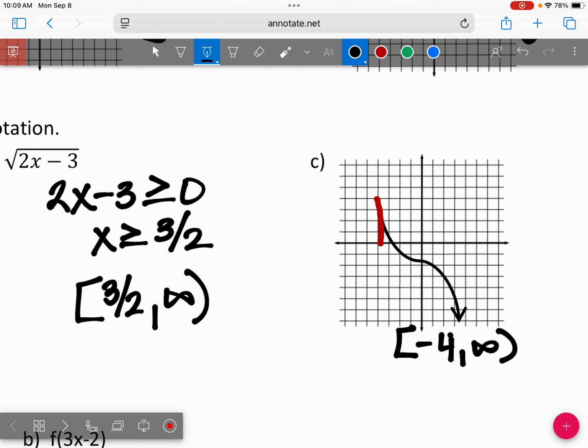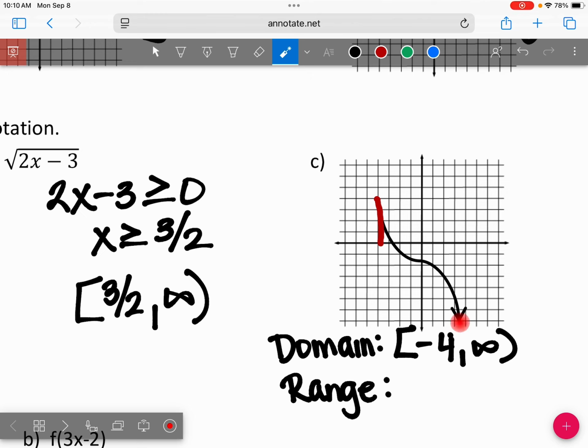Even though this question is not asking us to, the teacher in me just has to talk about it. When we talk about range, we're going from the bottom up. So what I'm saying is, I'm reading it going upward. So if I'm reading it from the bottom, I see that my graph is pointing down.